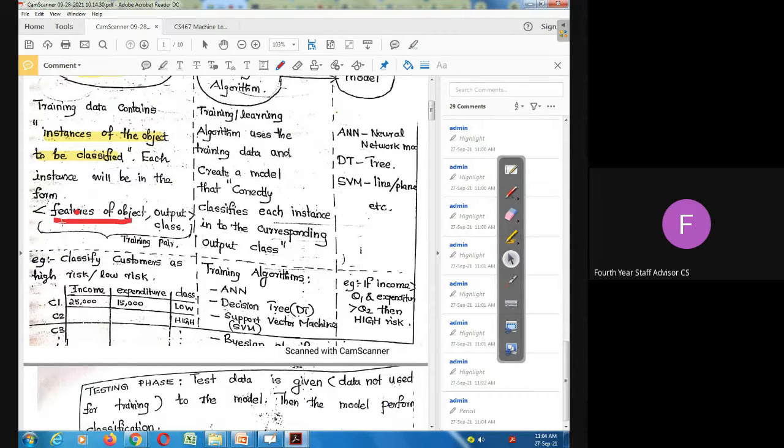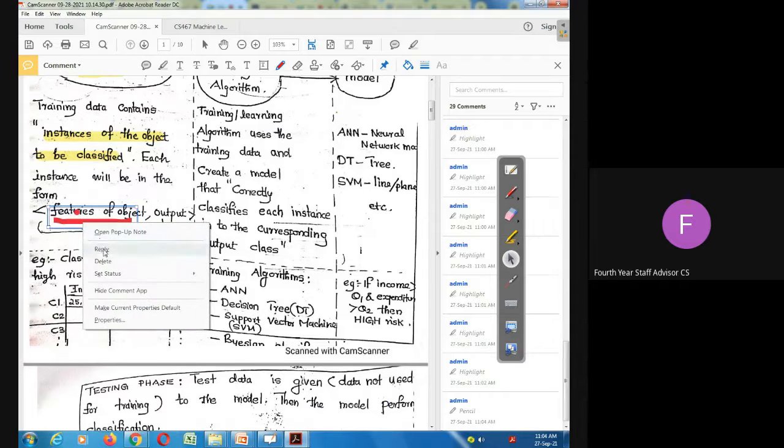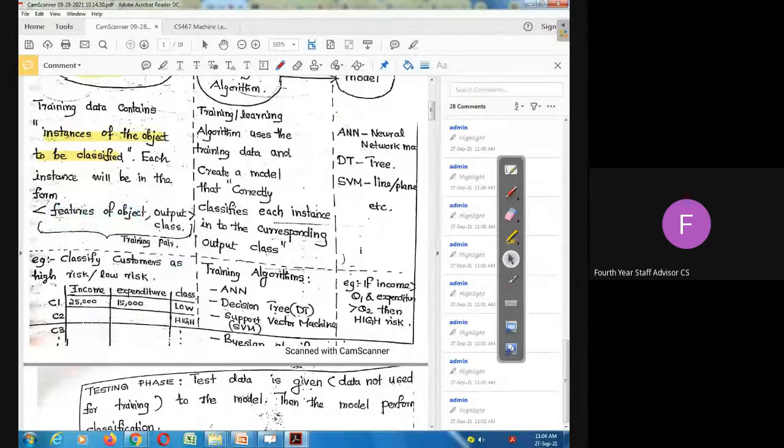One part is called features of the object. That is, an object having some features. Okay, color, shape, etc. The features of an object. So the first part contains features of the object.